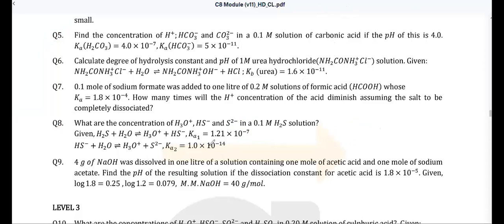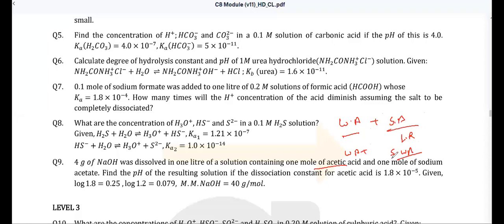Now last question, question number 9. See this: NaOH was dissolved in 1 liter solution containing 1 mole of acetic acid. Weak acid plus strong base. If you remember, if you have weak acid and strong base, and it is a limiting reagent, we will get weak acid plus salt of weak acid.